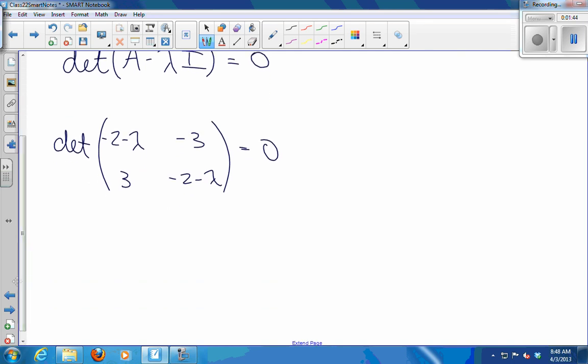So the determinant is A times D minus B times C. So when I square my negative 2 minus lambda, I'm going to get 4 plus 4 lambda plus lambda squared plus 9 equals 0.